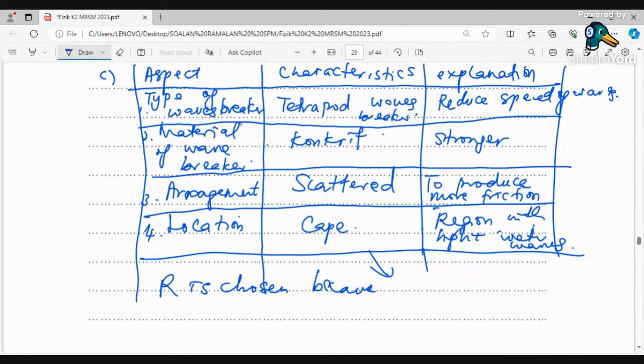Yang ni ya. Because R is using tetrapod with breaker made of concrete with scattered arrangement and Cape. The location is Cape. Ya, salin je.